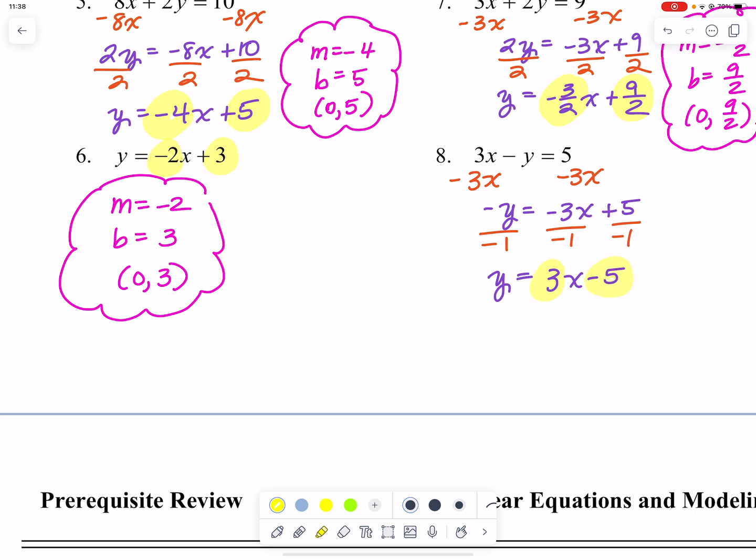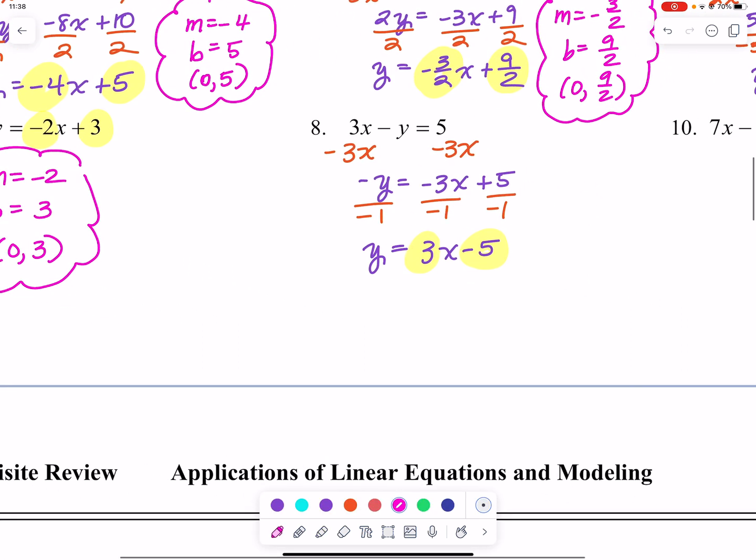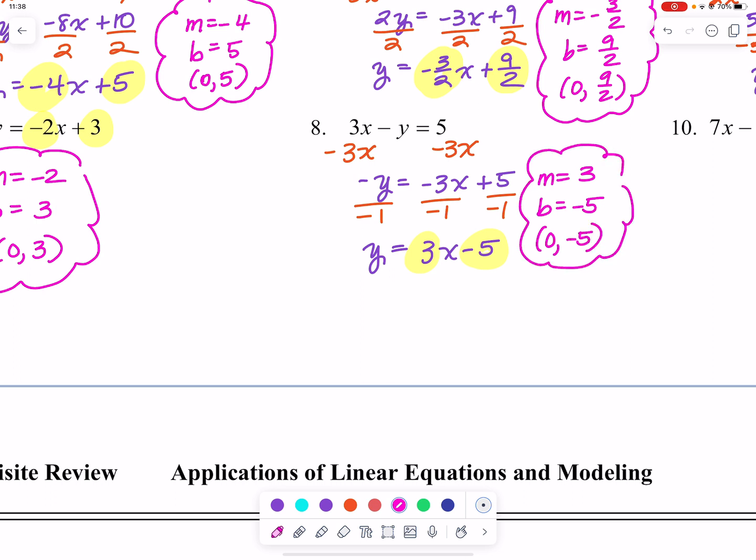There's our slope, and there is our intercept. So here we have a slope of 3, a y-intercept of -5, and 0, -5 is the point that we have generated.